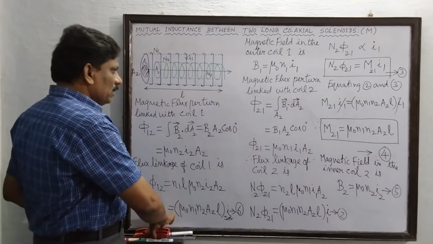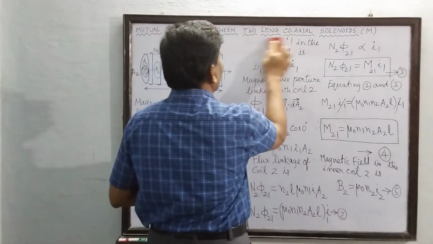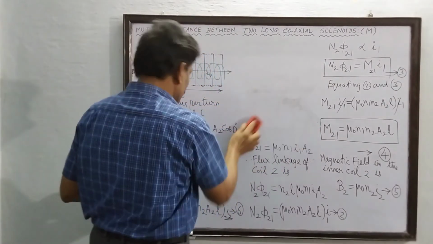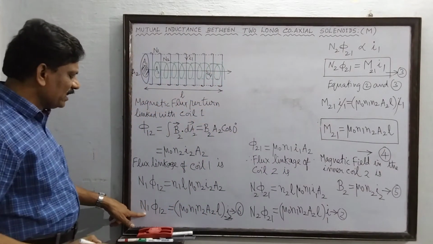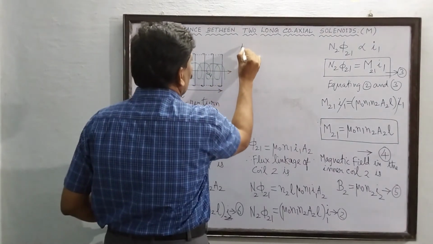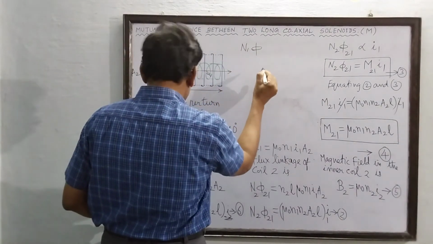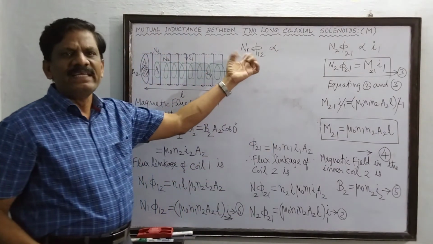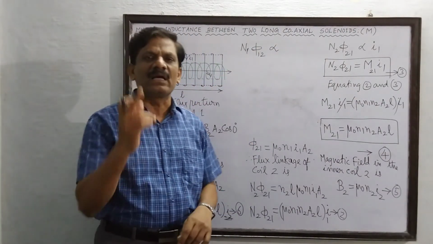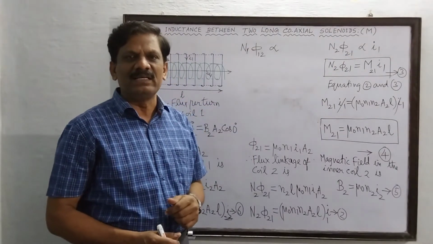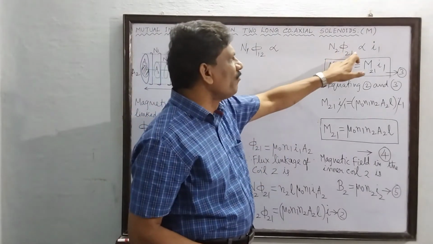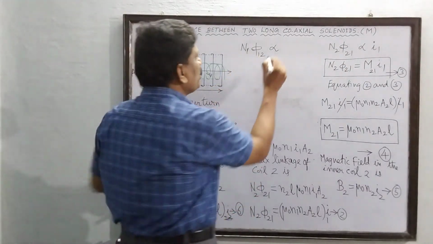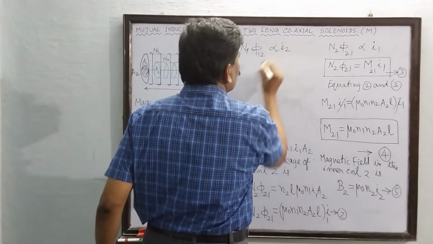Okay. Now from the definition of magnetic flux linked with the first coil, N1 into phi 12. The magnetic flux linkage of the first coil depends on the current flowing in the second coil, is it not? See the similar equation: N2 phi 1 is proportional to I1. Like that here N1 phi 12 must be proportional to I2.